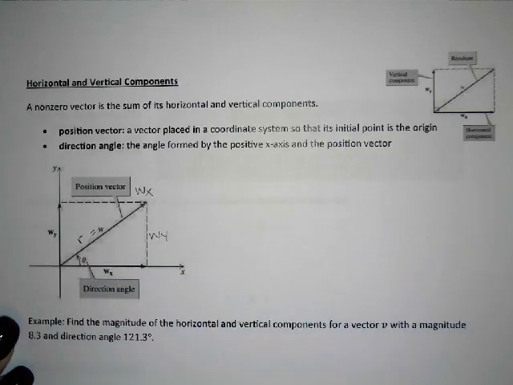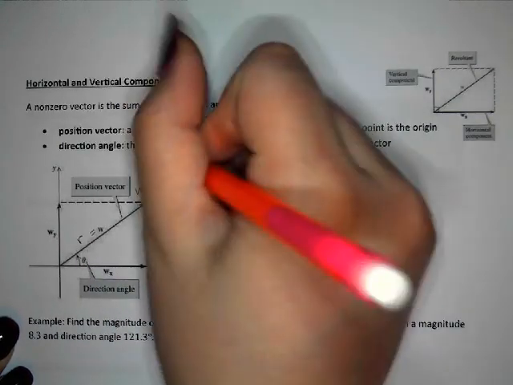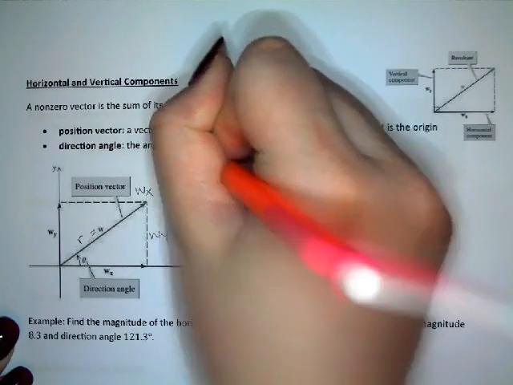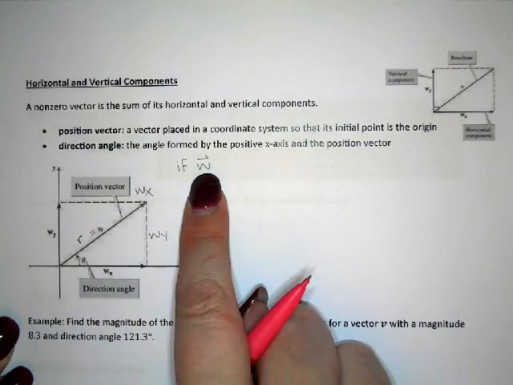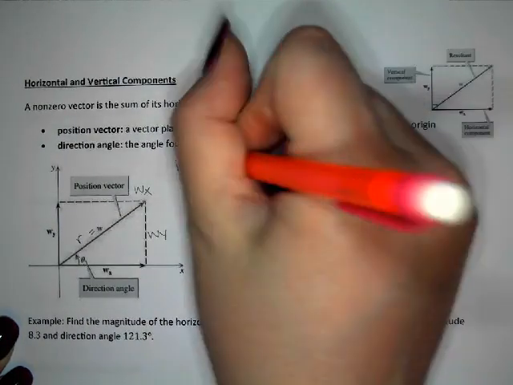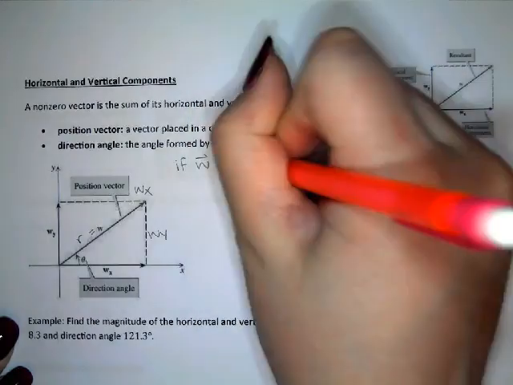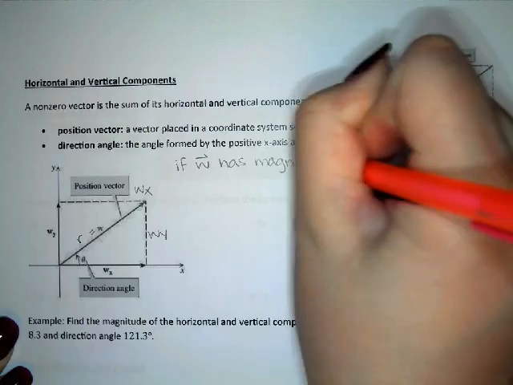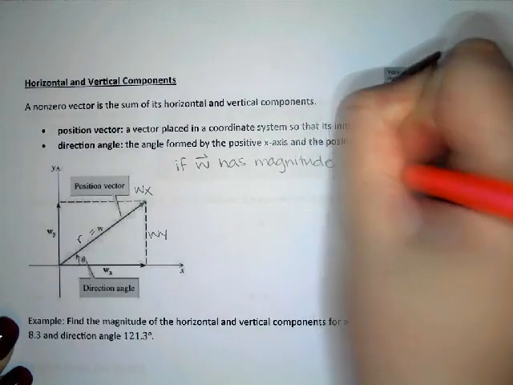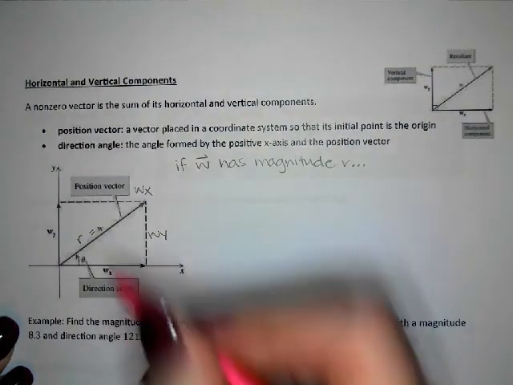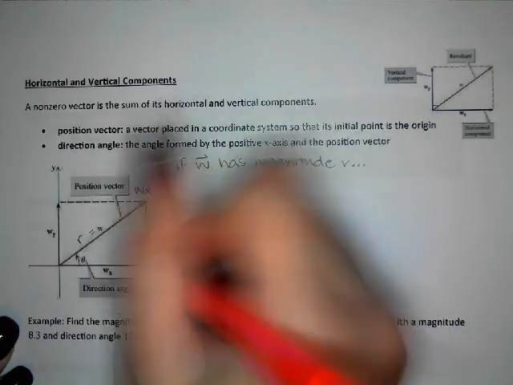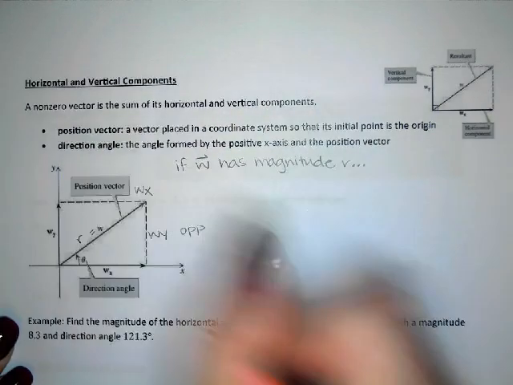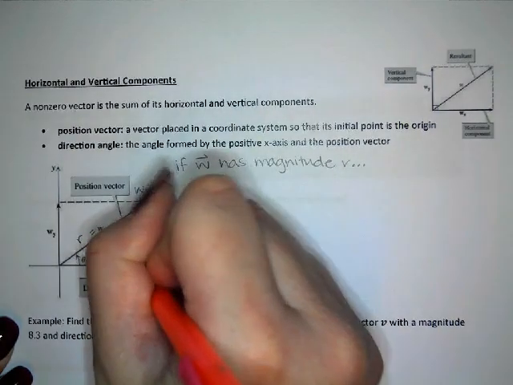And I'm going to write this at the top because these are our notes. So if vector w has magnitude r, then we're going to write some formulas. The names of these sides of the triangle: this is the opposite side, if this is the angle we're talking about, this is the adjacent side, and then this is the hypotenuse.